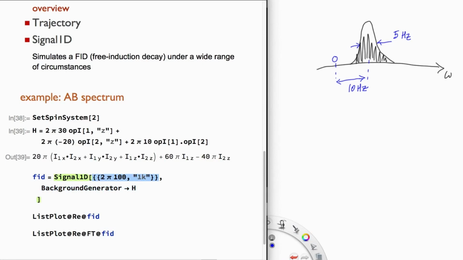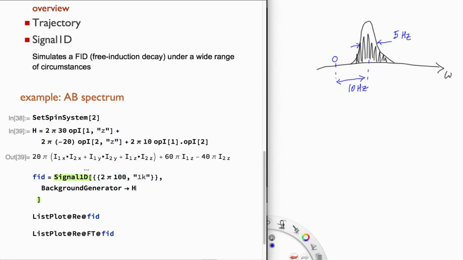The one I've chosen here, I find the most convenient: one specifies the spectral bandwidth, in this case 100 Hertz, 2 pi times 100, and specifies that 1K points, 1024 points, should be sampled. There are other syntaxes where you can specify the time interval of the sampling points and so on. But I usually find this one the most convenient, and that's indicated by these double curly brackets.